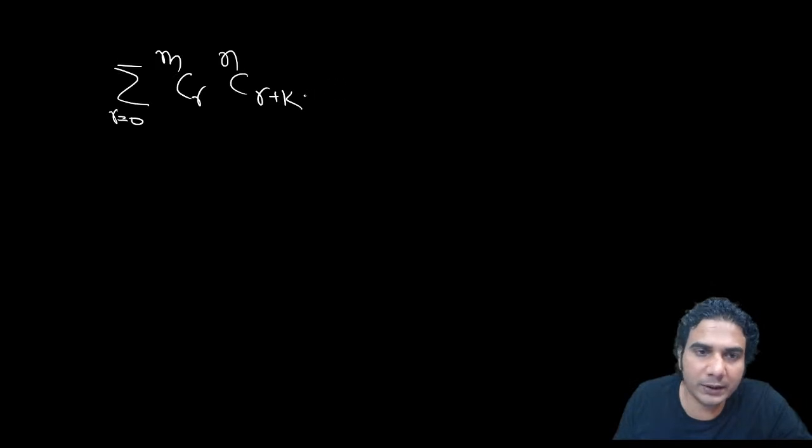All possible terms will depend on whether n is greater than m or m is greater than n. So for all the pairs consecutively, R will start 0, 1, 2, start putting 0, 1, 2, 3. Either this will become n first or this will become m first, all right? Whichever becomes m first, accordingly you can end. So this upper limit might be n minus k or m minus k. Do not worry about that upper limit.